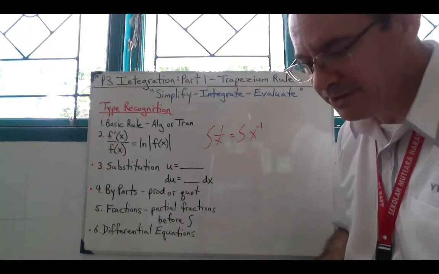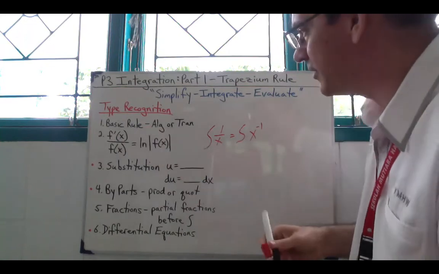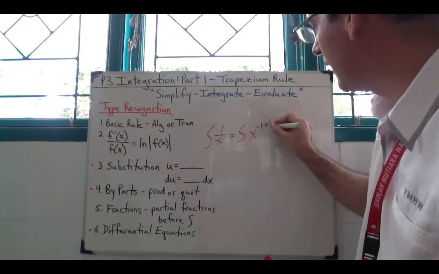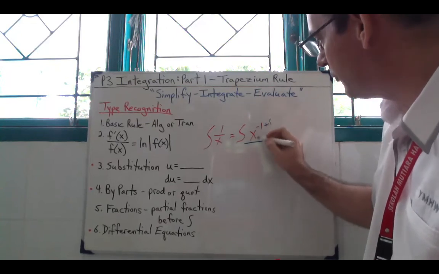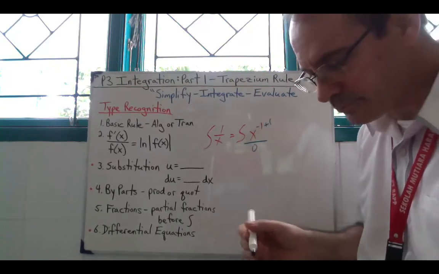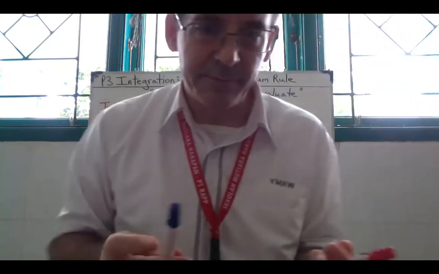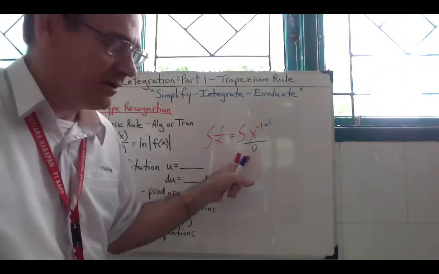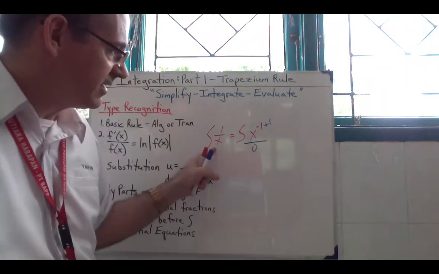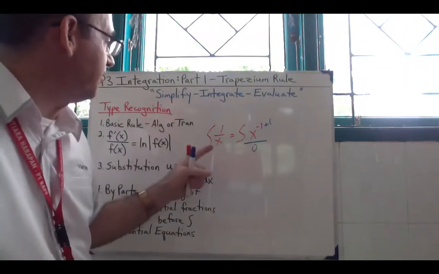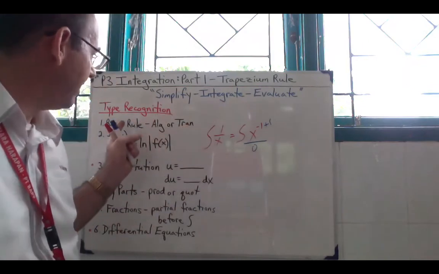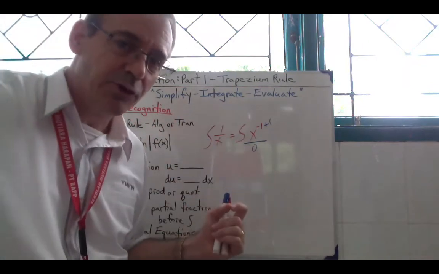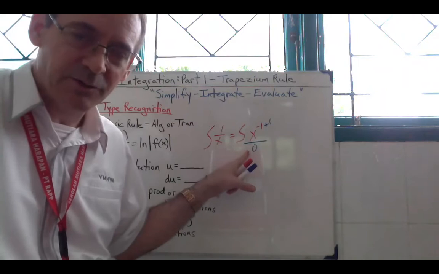Well, the problem is if you follow your basic rule, you add 1, and then you divide by the number, and you end up dividing by 0. Obviously, you can't divide by 0. So this is where you feel like you're stuck because it looks algebraic. You follow the simplify, you carry out what you think is the rule for it, but it doesn't work.